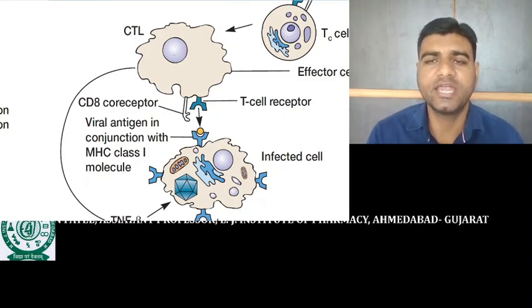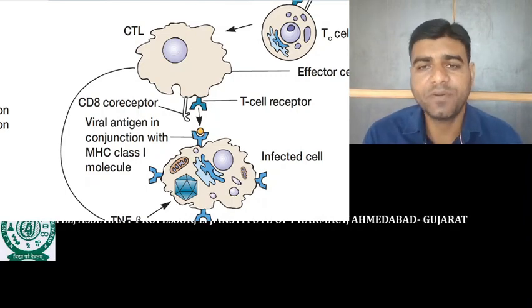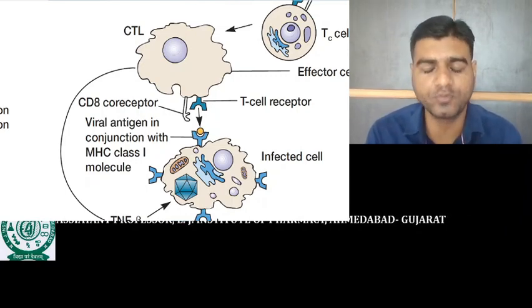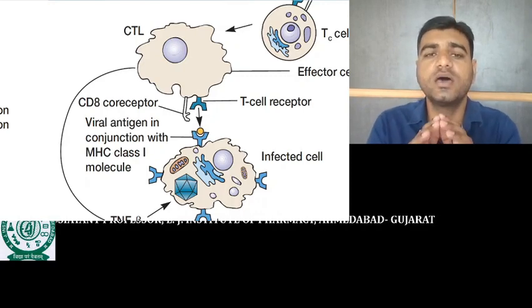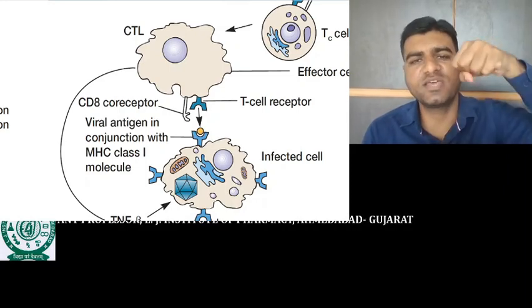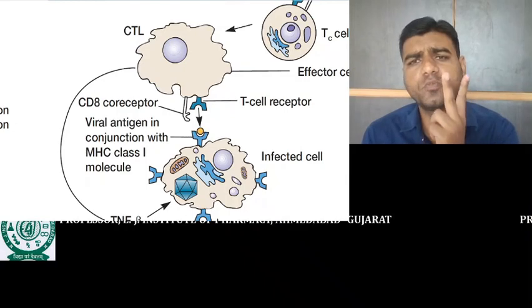CD95 is nothing but one type of cell receptor. The CD95 pathway induces programmed cell death, apoptosis, of the infected cell, and all the virus present inside the cell is destroyed with that cell. The second one is the perforin pathway.